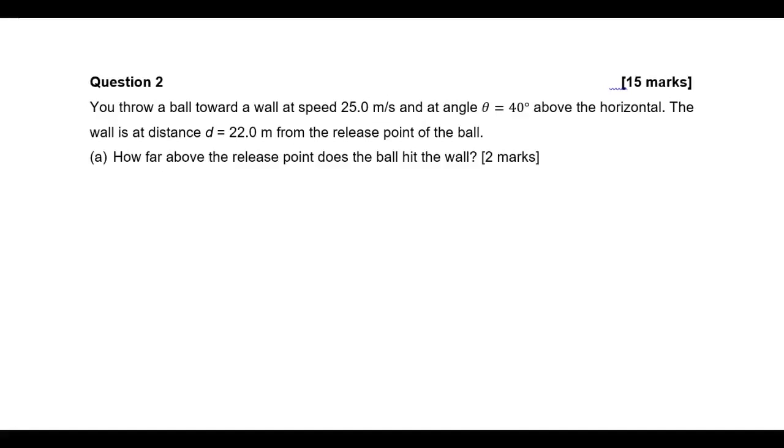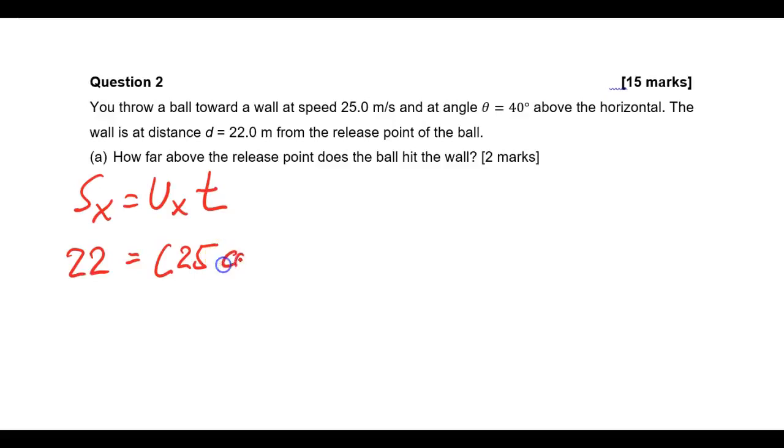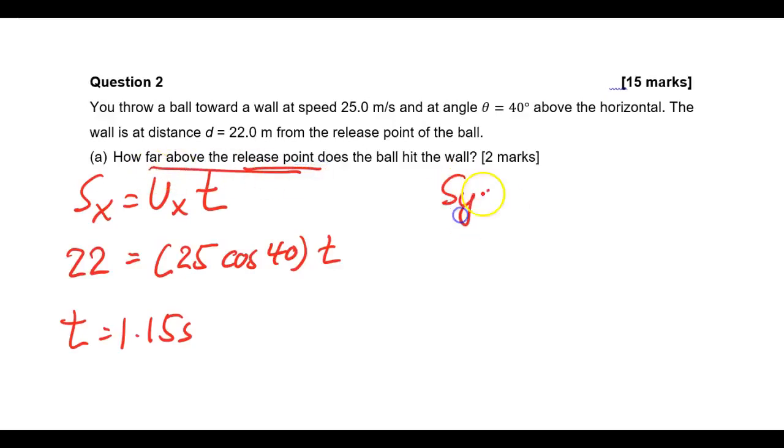So number one is that I will use my Sx to find my time of flight. The ball will travel 22 meters and my Ux is 25 cosine of 40, because the Ux and cosine, yeah, in this case. Time here is 1.15 seconds. And how do I find how far above? I can use Sy.